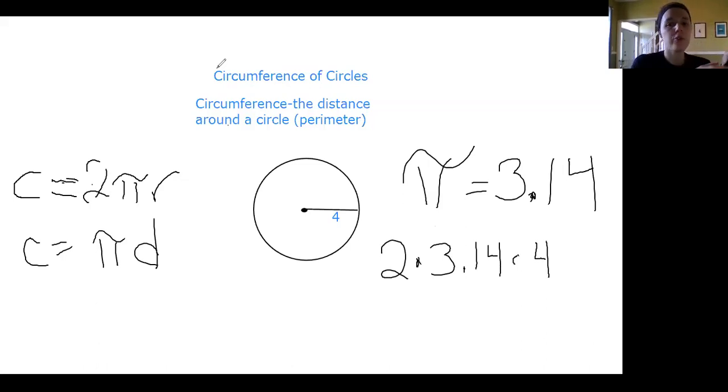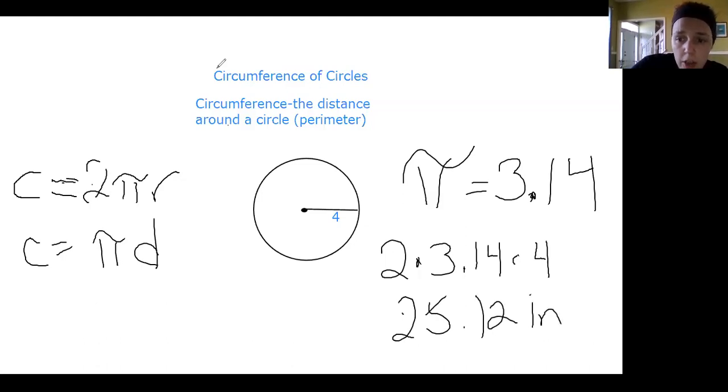Just multiply all those. You get 25.12. It could be inches, and just like perimeter, there's no square or anything. It's just inches. All I did was take 2 times 3.14 times my radius, which is 4.